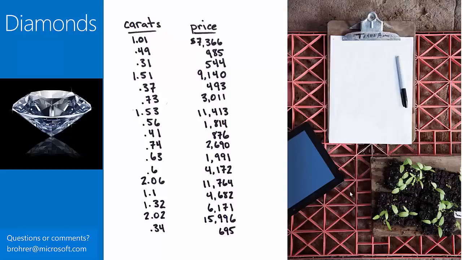What I have here is a data set. There's two columns. In this case, price is my target. That's what I want to predict. The question that I'm asking is how much? How much will this cost? And then my other feature is carats.